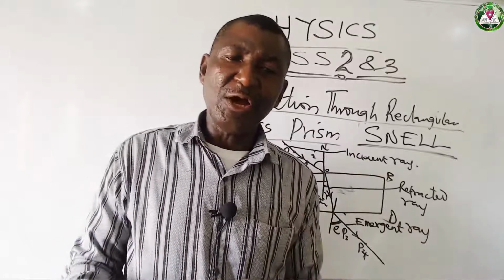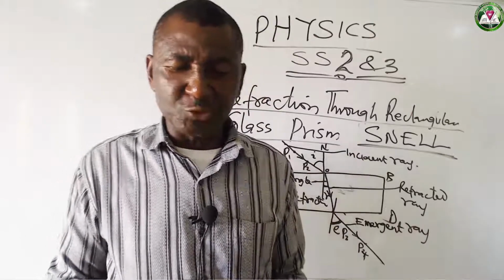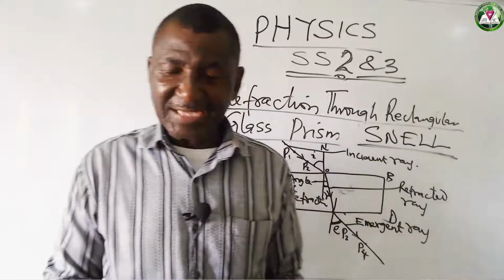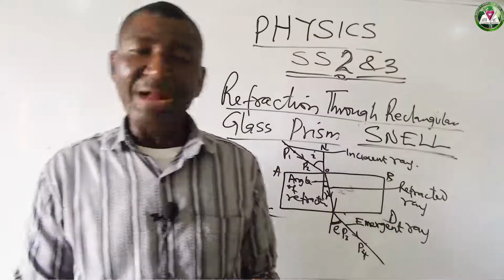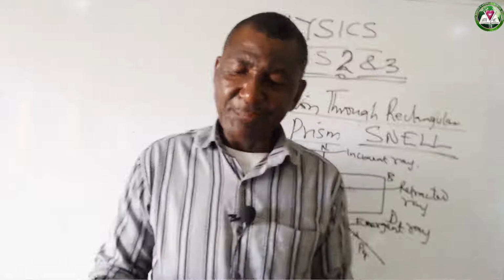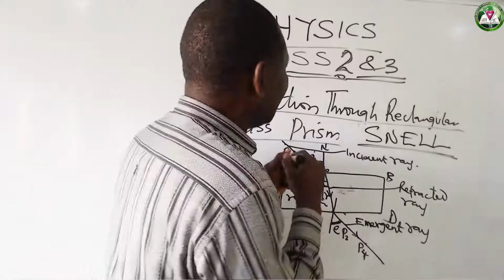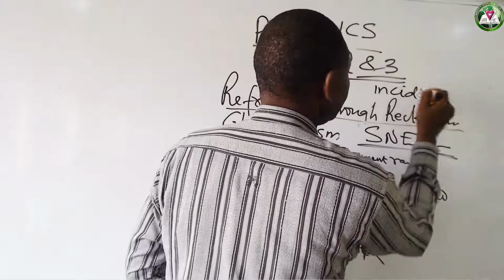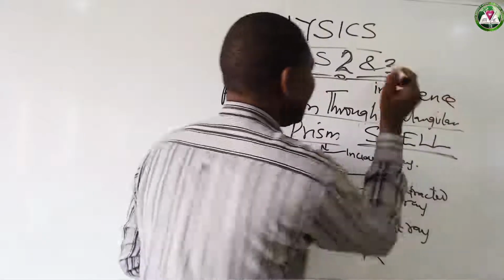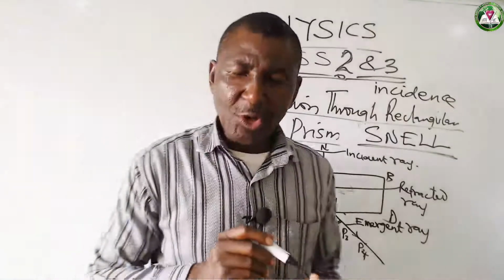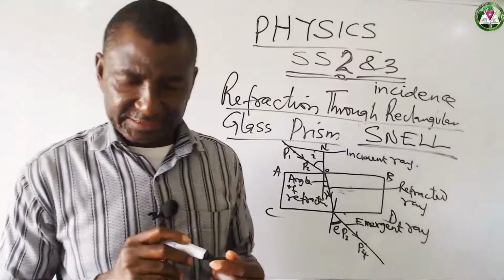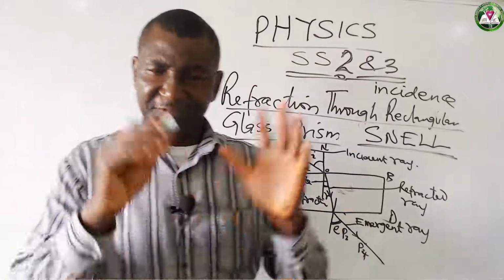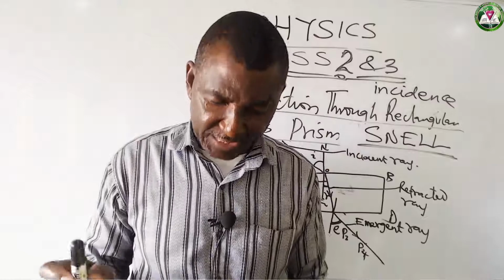So, the first law of refraction says that the incident ray, the refracted ray, and the normal at the point of incidence all lie on the same plane. That's the three. They lie on the same plane.